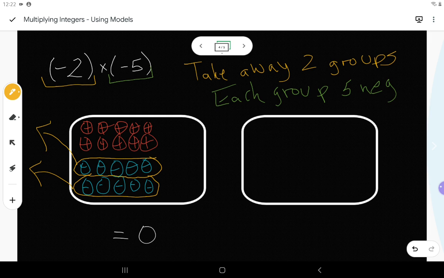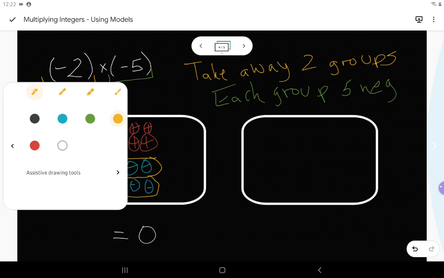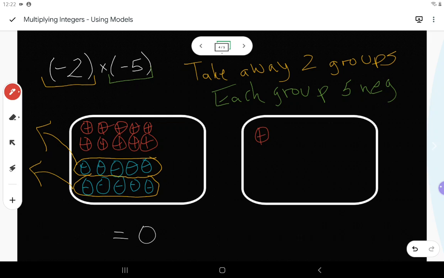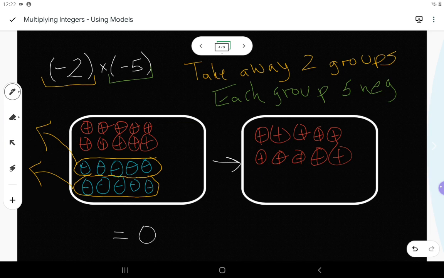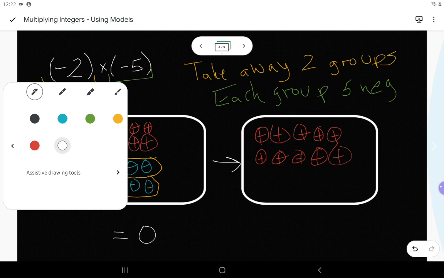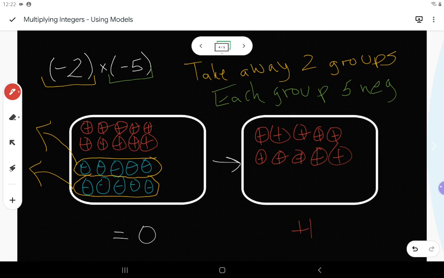When I remove those blue integer chips, the only thing I would have left would be my red integer chips. So when I take away my negatives, I'm going to be left with my positives. When I look at my answer, there are 10 positive red chips, so the answer is positive 10.